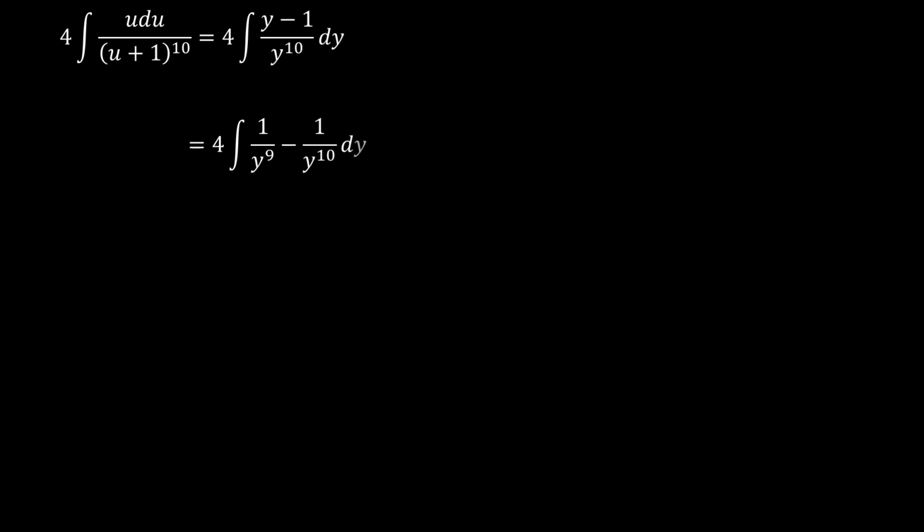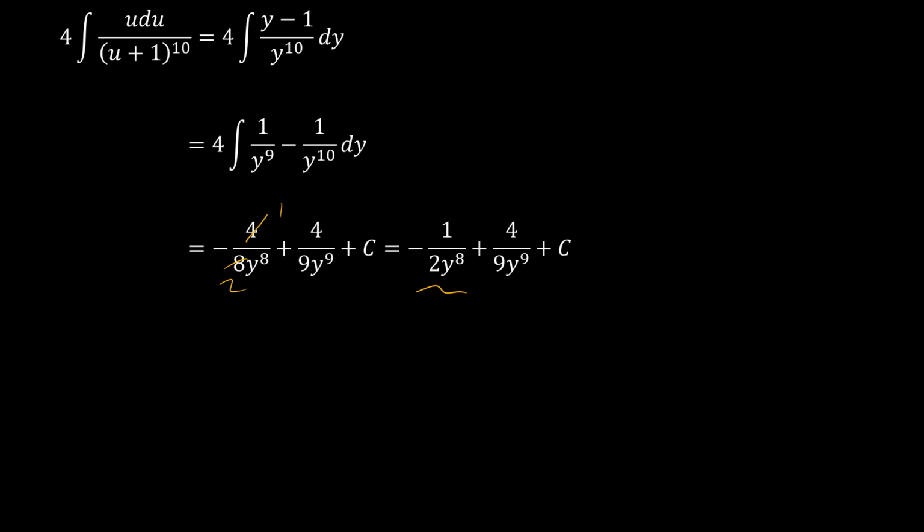And so what we're going to do now is integrate these two parts independently, and that becomes negative 4 over 8 times y to the power 8 plus 4 over 9 times y to the power 9. And then you can obviously simplify that, and we have negative a half y to the power 8 plus 4 over 9 y to the power 9 plus the integration constant.